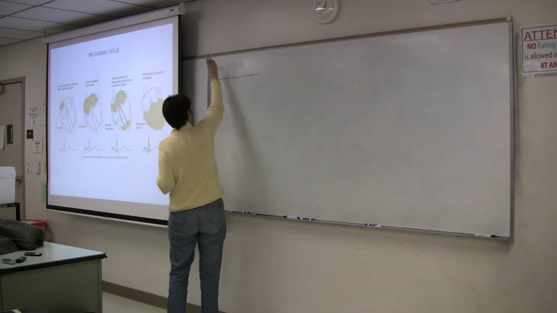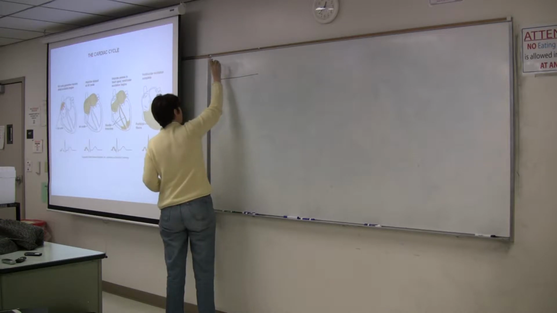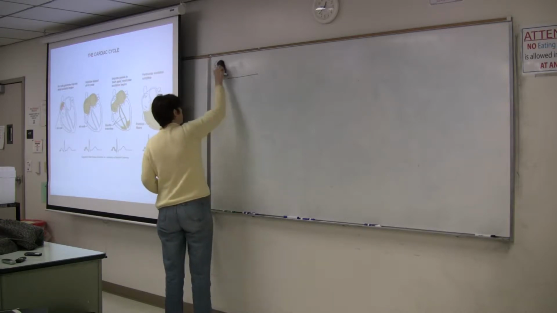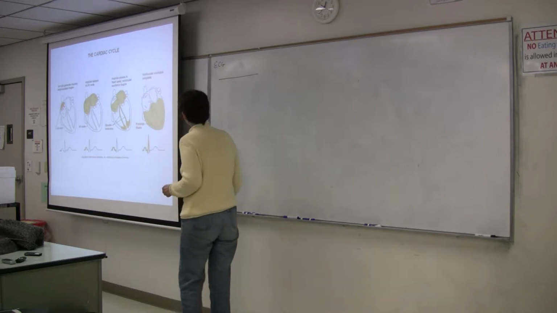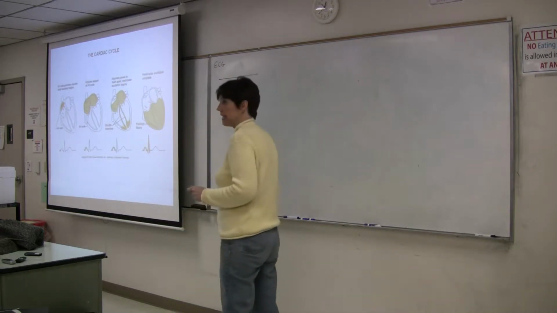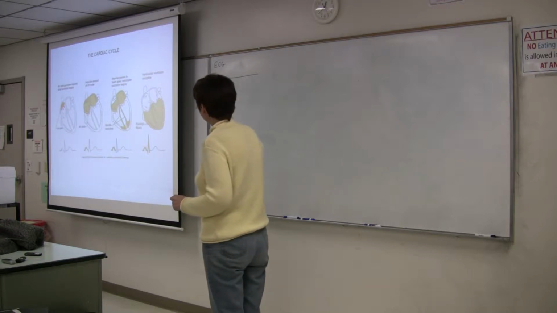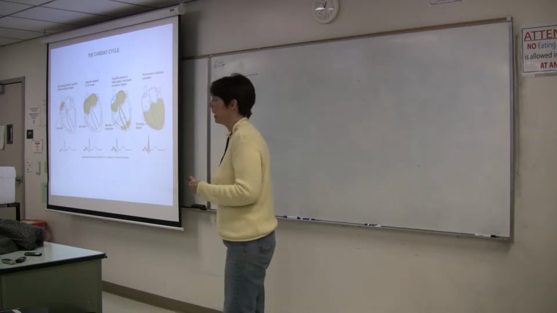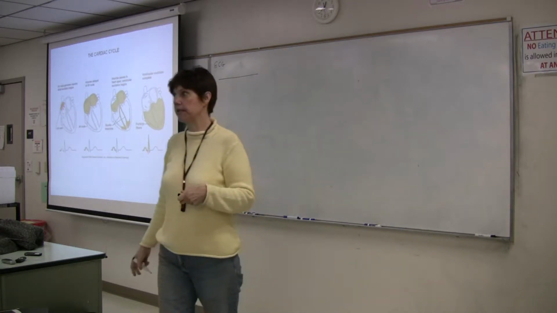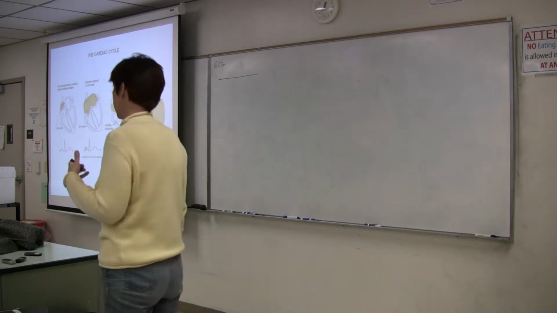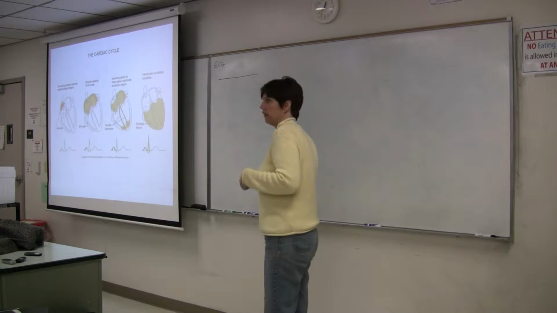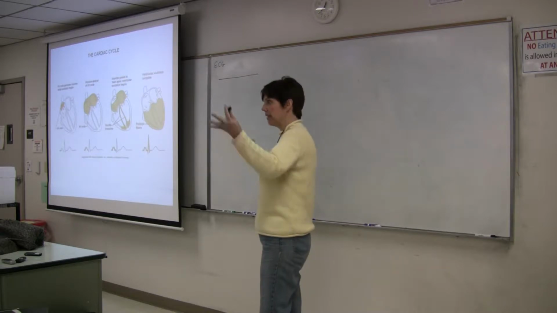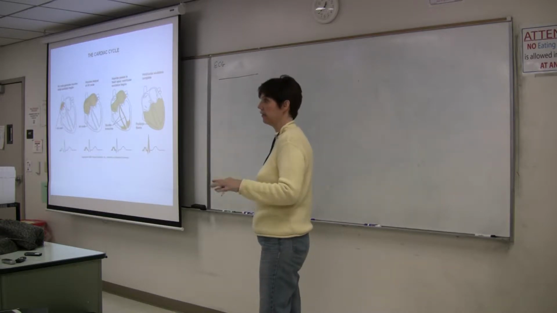So both the ventricles and the atria are relaxed, so neither set of ventricular muscle cells is undergoing depolarization. And during this time, because the pressure is higher in the atria than it is in the ventricles, both atrioventricular valves are open and blood is continually flowing into the ventricles.